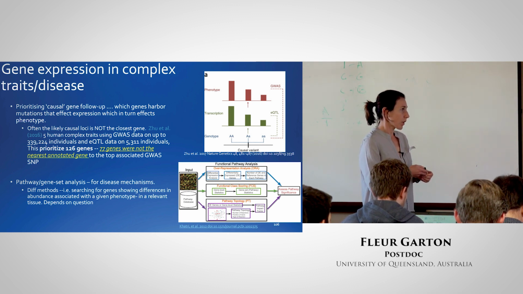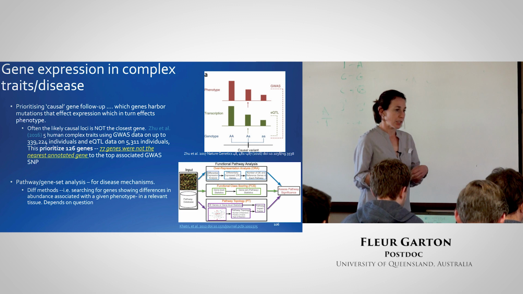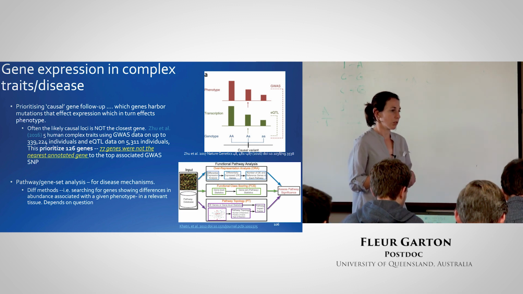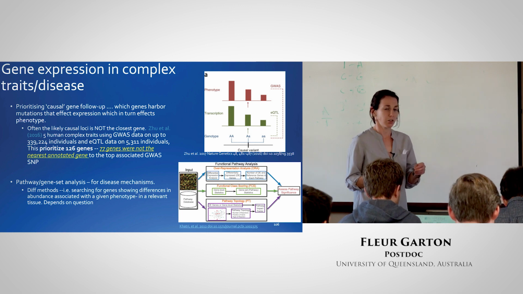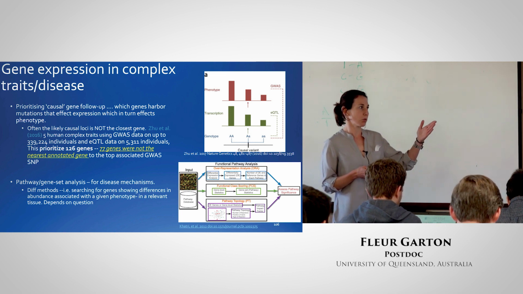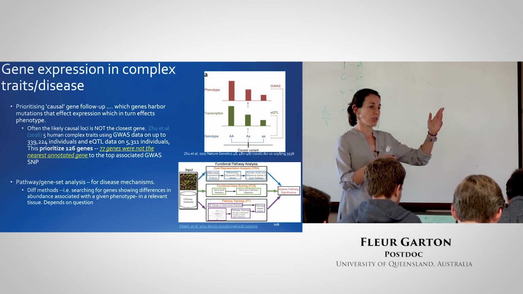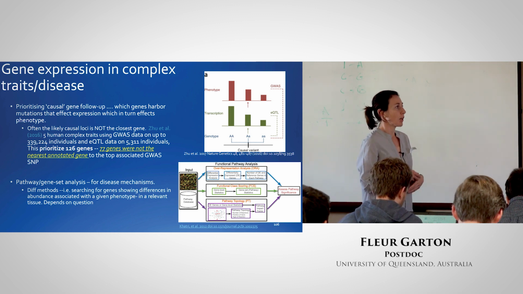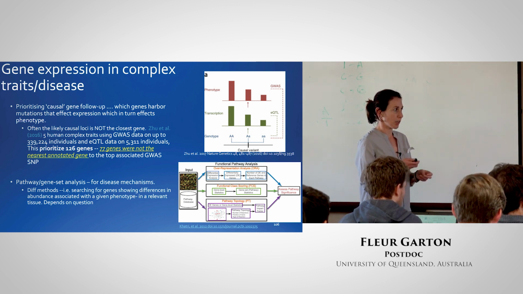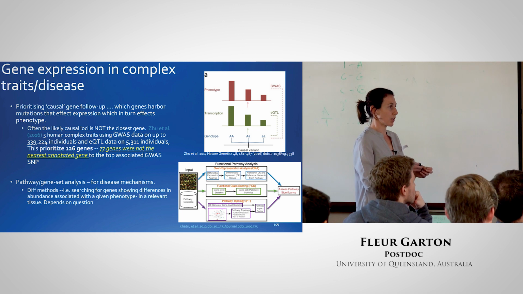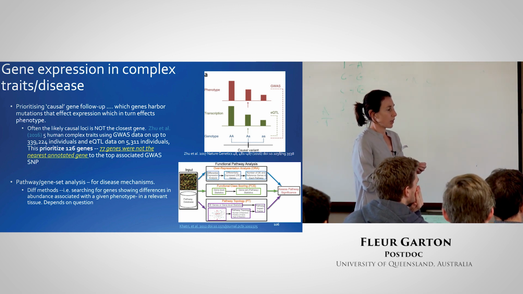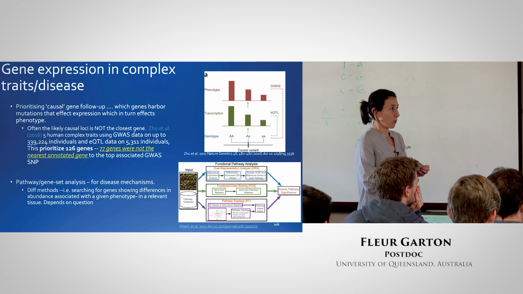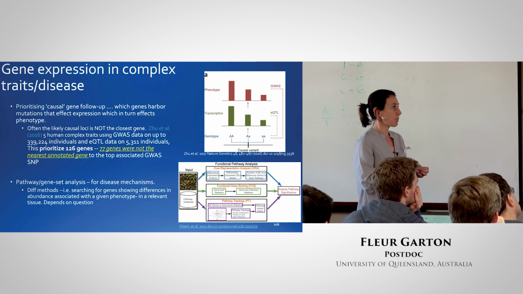A recent example is on the case of how likely it is that the causal locus or loci is actually the closest gene. Jian Yang was the last author in this particular paper. He looked at 5 different complex traits using GWAS data.